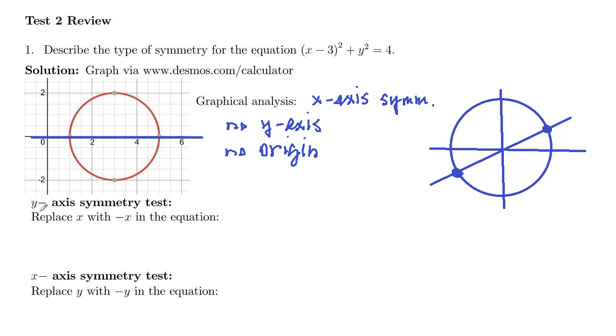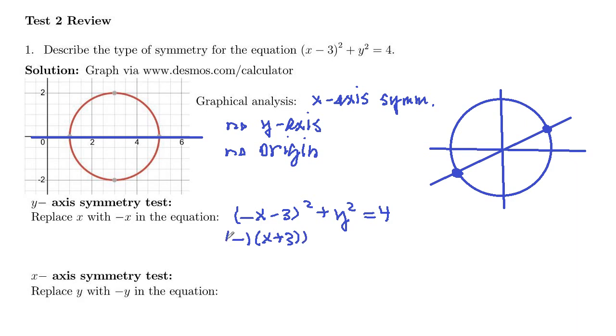So algebraically, to test for y-axis symmetry, you replace x with negative x in the equation. So in the equation here, we'll replace that x with a minus x. So minus x minus 3, that gets squared, plus y squared equals 4. And we want to simplify that and see if it's the same as the original equation. Well, we've got two negatives here, so we can actually factor out a negative. So we can pull out a negative 1 in front and leave an x, pull this negative out, so plus 3.